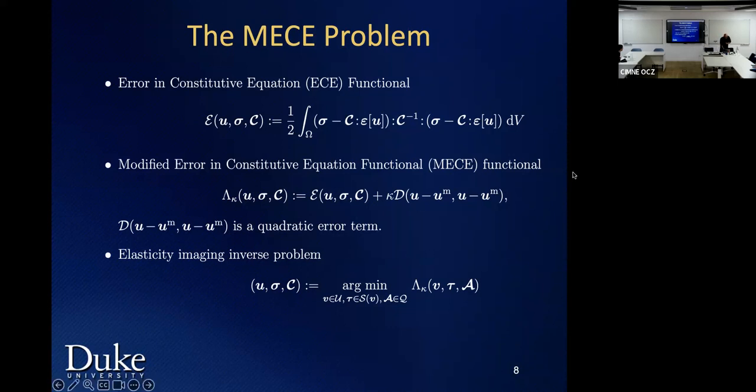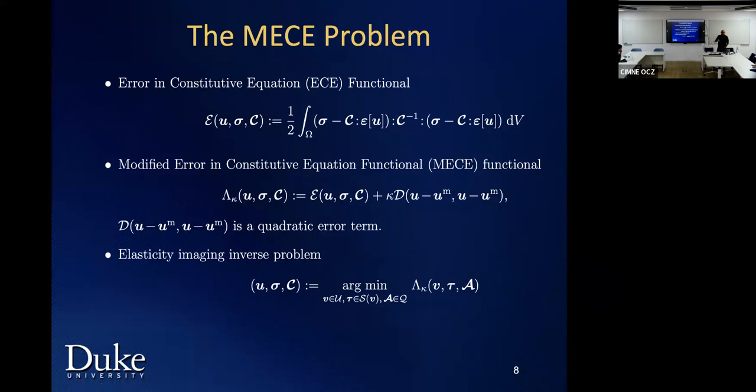All right, so once I have those elements, this is where the method begins into the application: by minimizing that functional. This augmented functional is why it's called the modified error in constitutive equations.